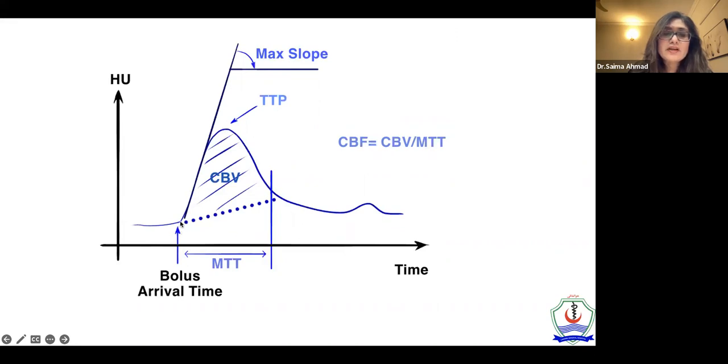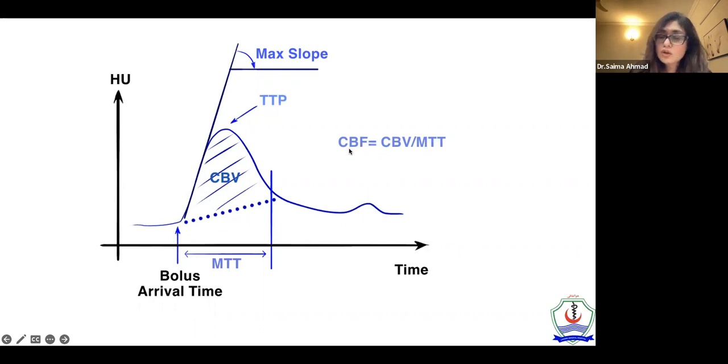Now the time taken between going up into the artery and then coming down is called the mean transit time. And this is the time to peak, which is the peak time within the arteries. And the area under the curve is the CBV. If you know the MTT and CBV, you can easily calculate the CBF.